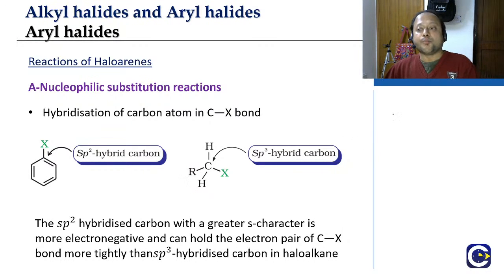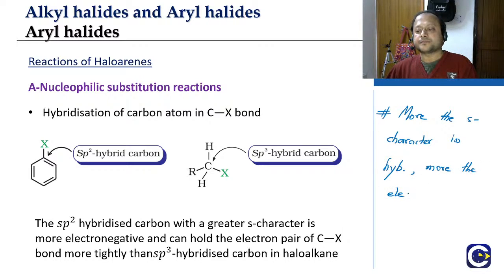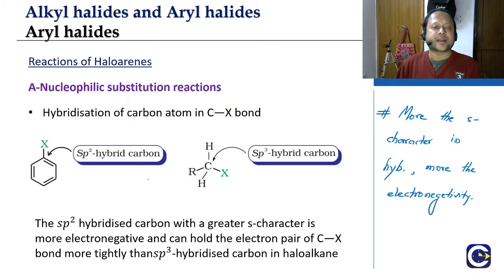We all know that the more the s character in hybridization, the more the electronegativity, which clearly shows that C-sp2 is more electronegative than C-sp3, and hence there is a lesser difference in polarity, right?